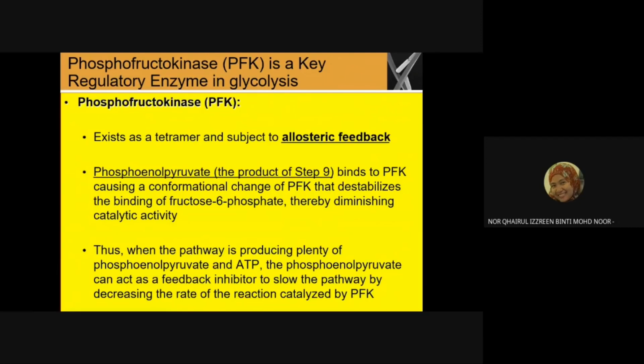If there is less of the product of step 9, which is phosphoenolpyruvate, the enzyme is free and in its initial conformation, so it can bind to fructose 6 phosphate and produce fructose 1,6 biphosphate.